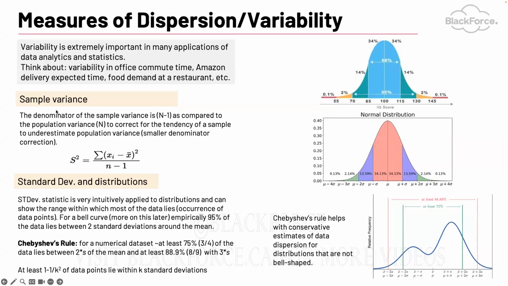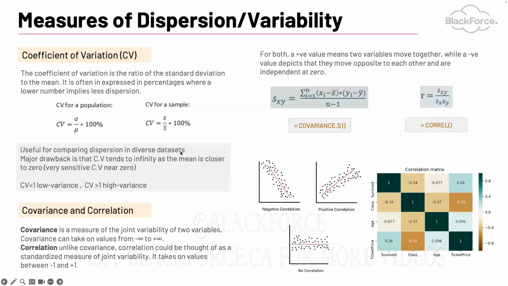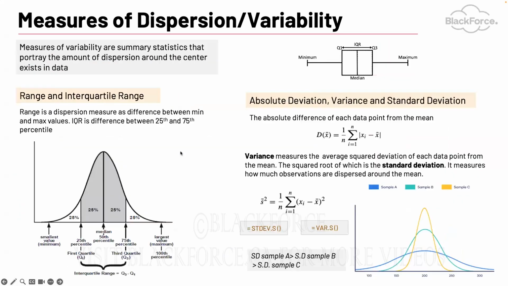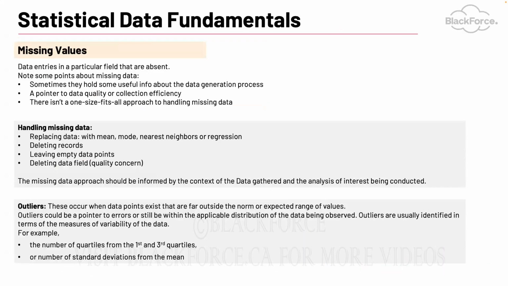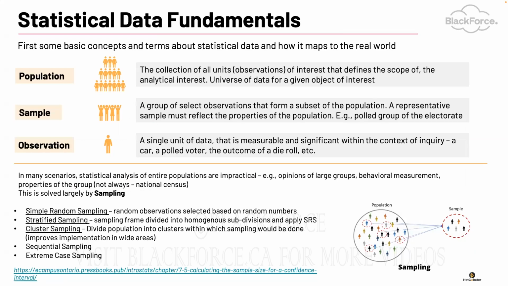This is sample variance. And once again, we've explained this. Now, let's just pay attention here a bit. There's something I want to highlight. If you remember, here we looked at population and we looked at sample. Now, in inferential statistics, many times you don't have the whole population, but you have to infer from the sample.